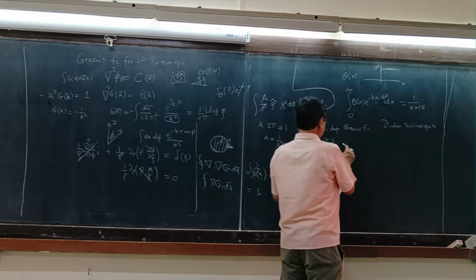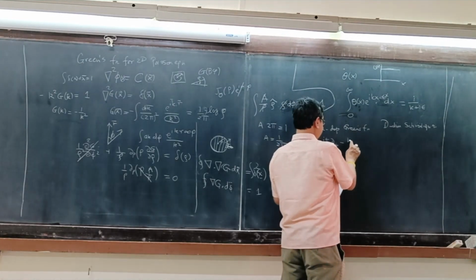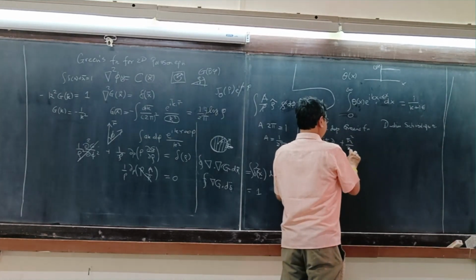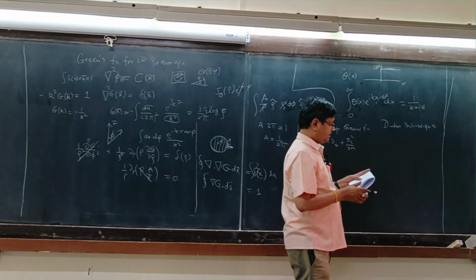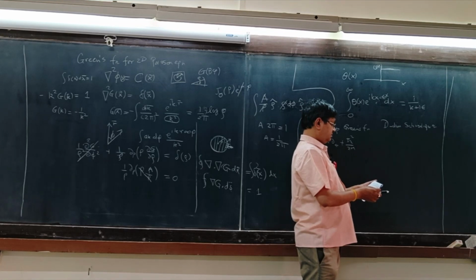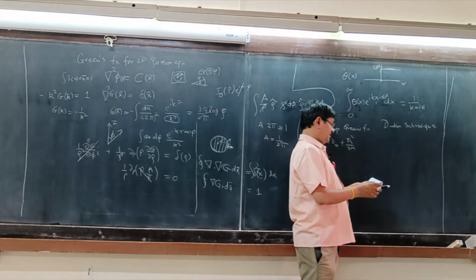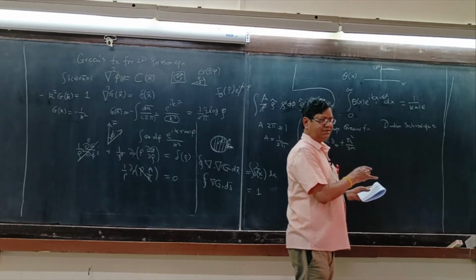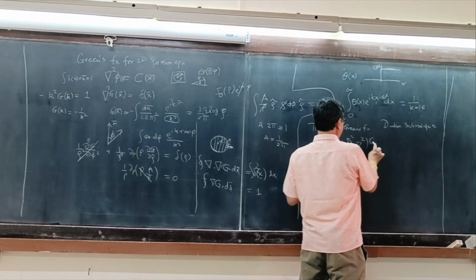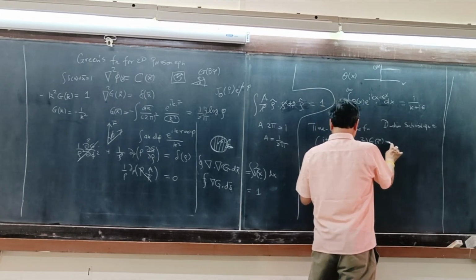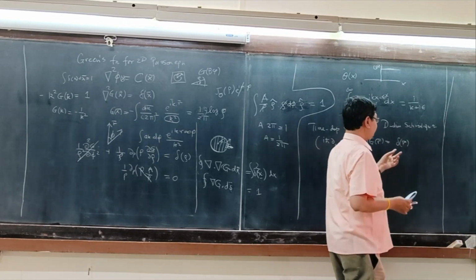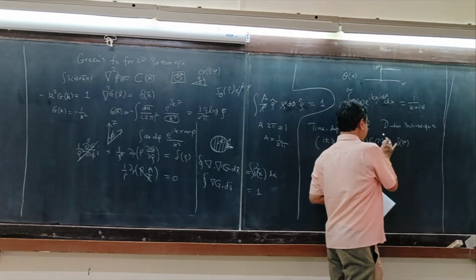It is time dependent, so write down the operator, minus Laplacian, which is the Hamiltonian for a free particle. I did not write it, but this is for the free particle: Laplacian G of R equal to delta R, with the source at the origin.